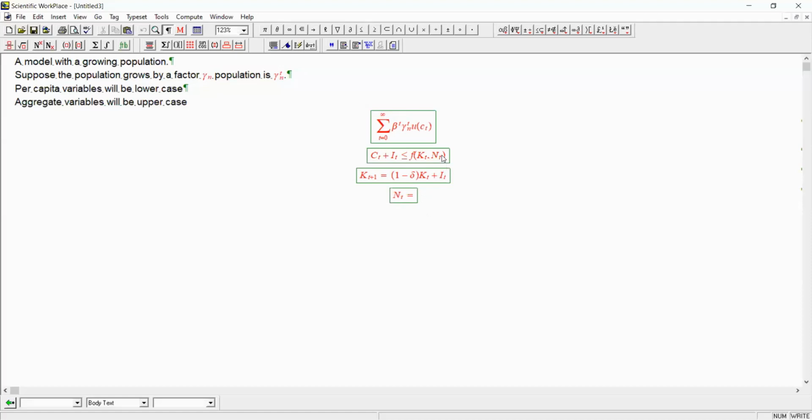But of course, now we have a growing population, so instead of being between 0 and 1, it's going between 0 and 1 times the number of people, which is gamma n to the t. Or to put it more simply, it's going to be drawn from this interval.